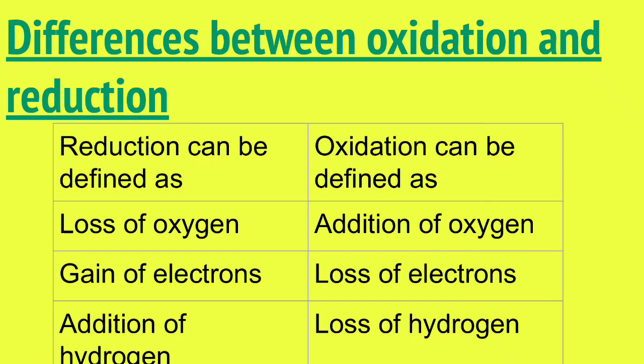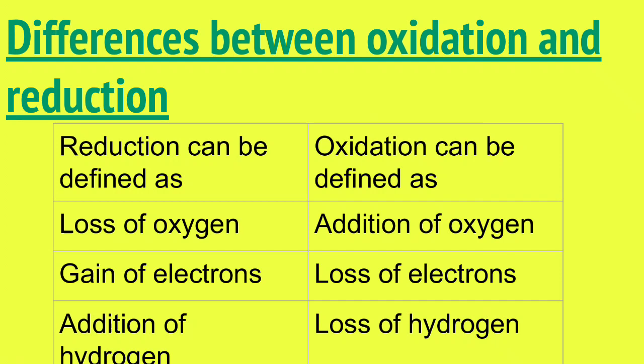When hydrogen is removed from a substance, then that is oxidation, the loss of hydrogen. And then finally, oxidation can be defined as the increase in oxidation numbers. So when the oxidation number increases, then that also becomes oxidation.